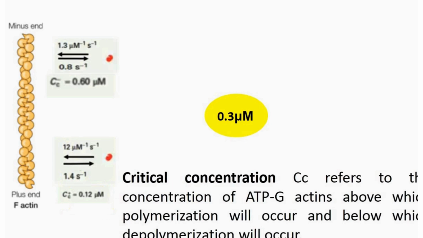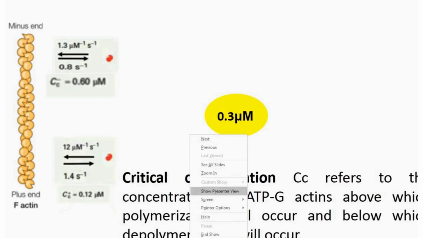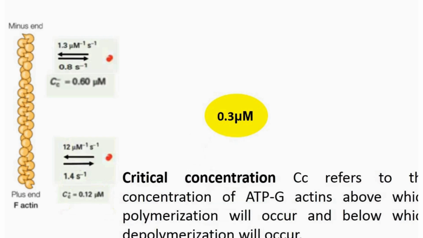To recap the major points once again, always compare the critical concentration with the external concentration. Once you do the calculations based on the external concentration, let's see with respect to the plus end as well as the minus end. With respect to the plus end, the critical concentration is 0.12.